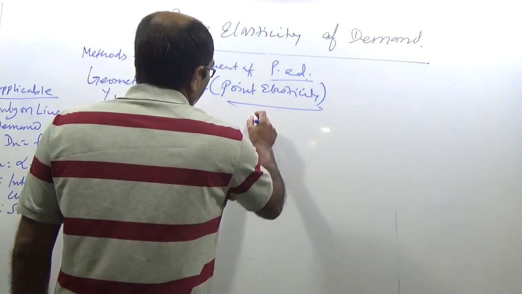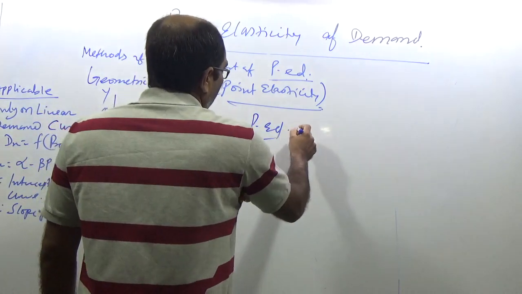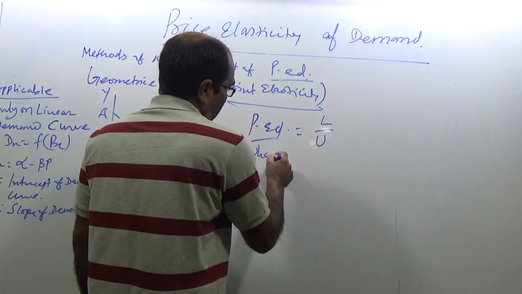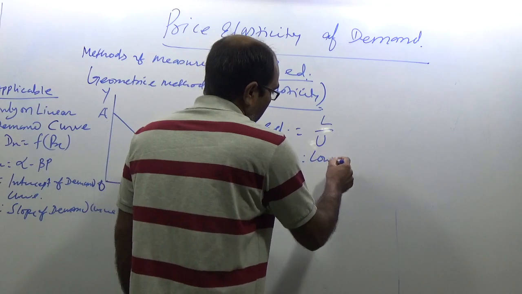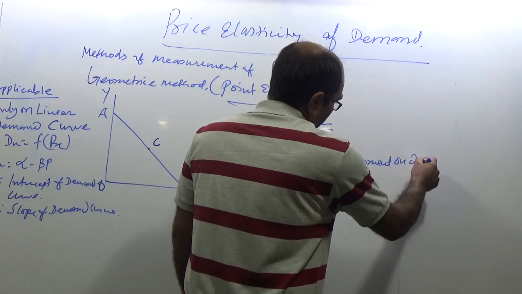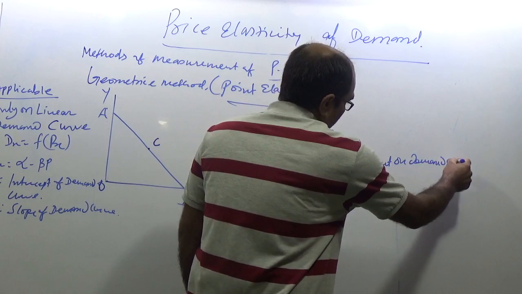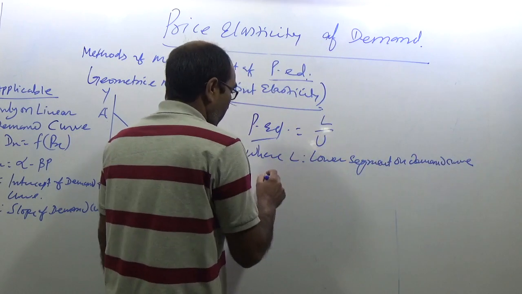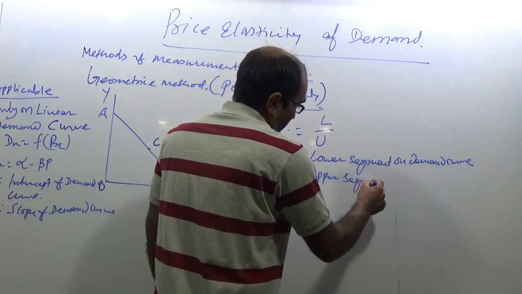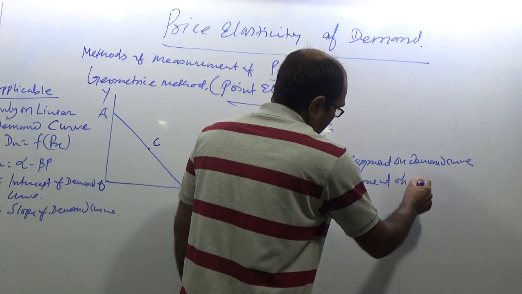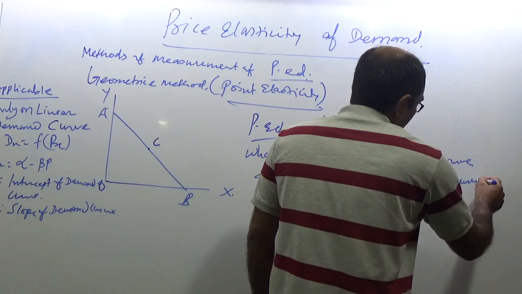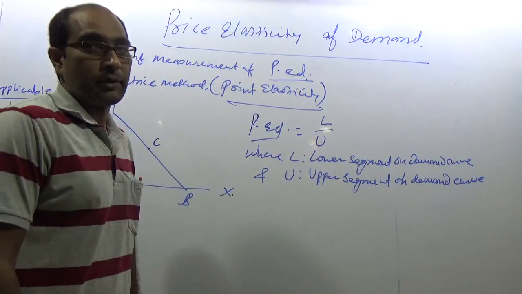So here price elasticity of demand equals L upon U, where L stands for lower segment on the demand curve and U stands for upper segment.